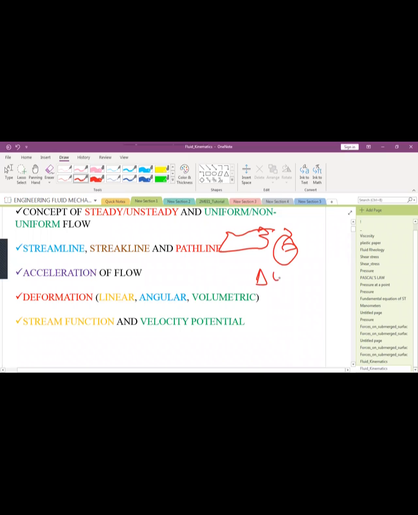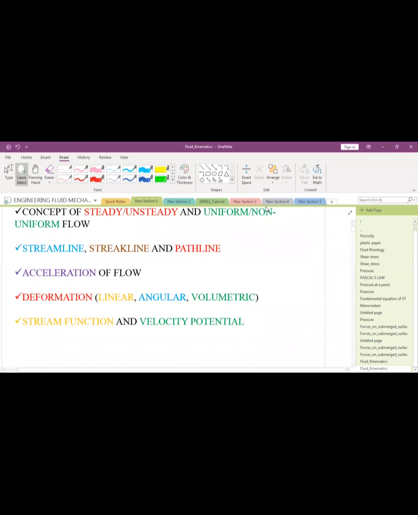Dynamics involves why the fluid is behaving in this fashion: what is the force behind this fluid element that is making it rotate or deform? That is the dynamics part. And the kinematics part is only looking at the geometry. तो हम सिर्फ इस पे ध्यान दे रहे हैं कि what is the change in geometry.